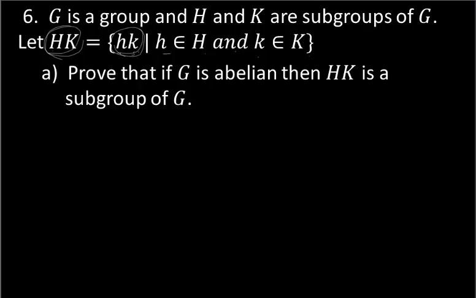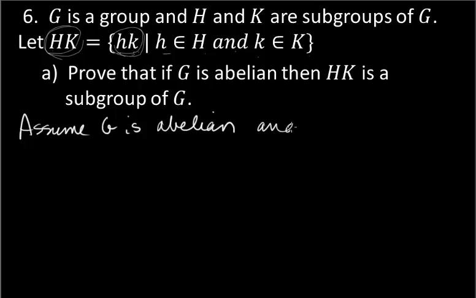All right, so we are going to assume G is abelian, and use the subgroup criterion test. Let x, y be elements of this set HK.